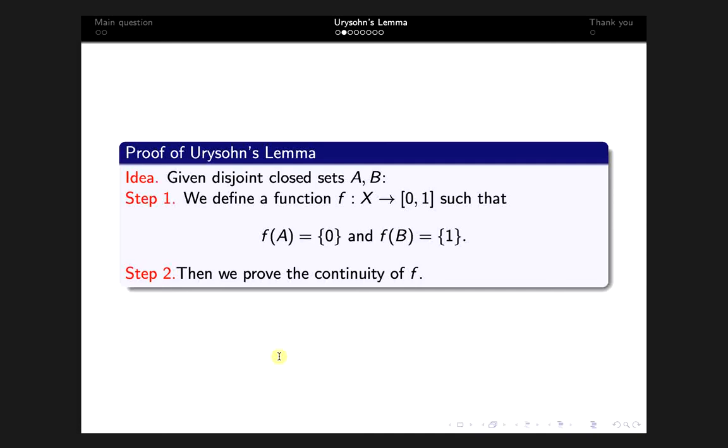In the first step, we define a function f from the topological space X to the closed interval [0, 1] such that f of A is the singleton set 0 and f of B is the singleton set 1. And in the second step, we prove the continuity of f. This is the idea of the proof.